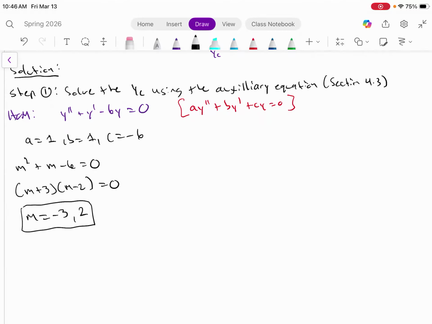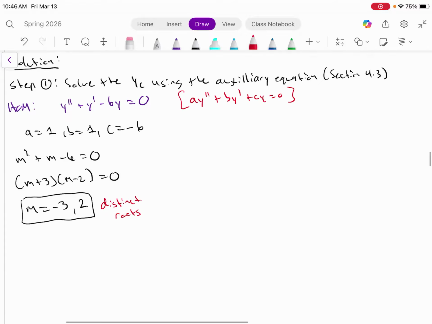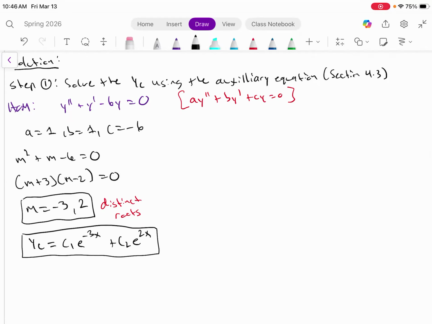So here we have distinct roots. When we have distinct roots, our complementary solution would just be C1 e to the -3x plus C2 e to the 2x. So that's our complementary solution.